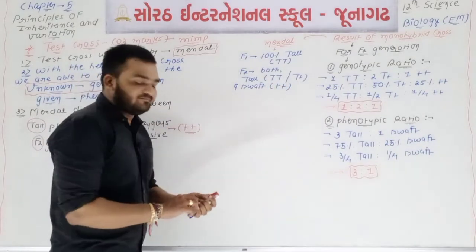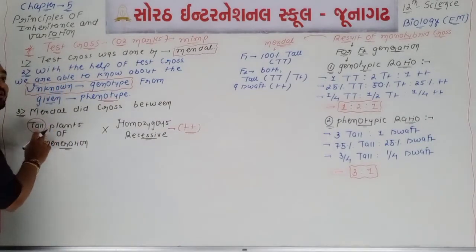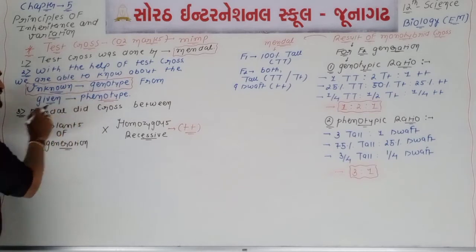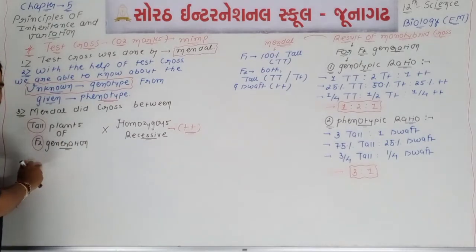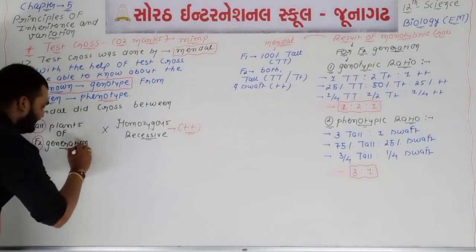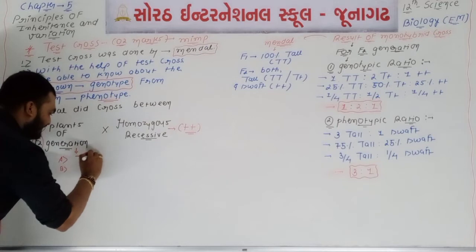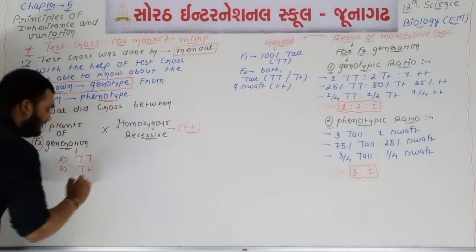Okay, so see here what is given, we can say that tall is genotype or phenotype? Tall is not a genotype, it is phenotype. Okay, so we can say that from test cross, if phenotype is given, then we are able to know about the genotype. It means this plant in F2 generation should be capital T capital T or capital T small t.